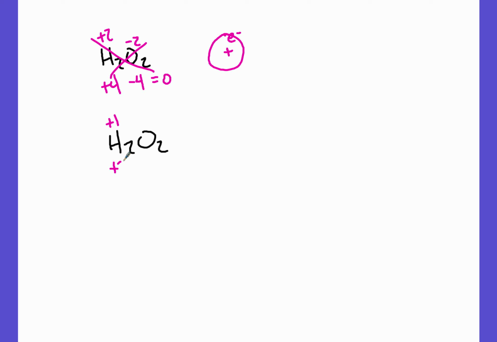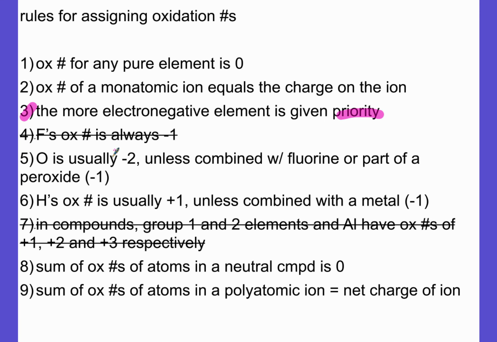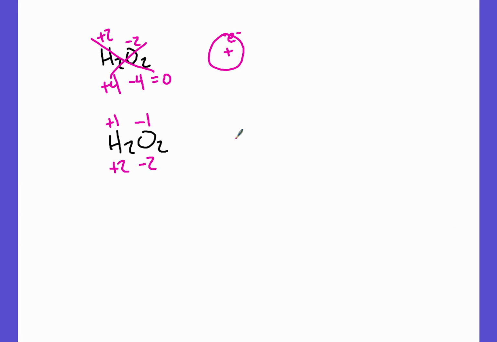So that means that there's a +2 here. That means that there could be a -2 for those 2 oxygens overall, but -2 divided by 2 gives me a -1. That means that my oxygen, in this case being a peroxide, is actually going to have that oxidation number of -1. So you just have to look out for peroxides, right? If you see a peroxide, I'm going to use a -1 for oxygen.